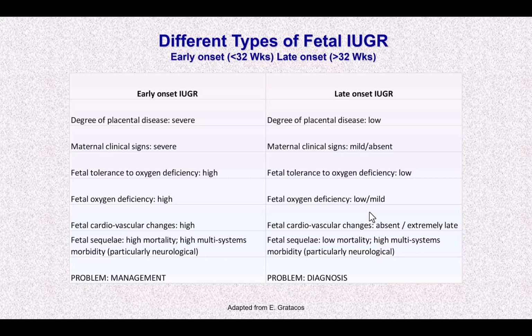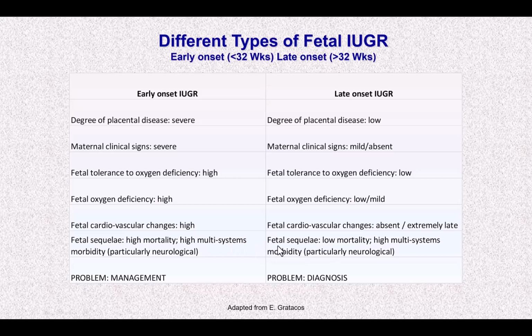If we look at the fetal cardiovascular changes, you can see that they are very high in early onset IUGR, and they can be absent or extremely late in the late onset IUGR. But very important is the line related to the fetal sequelae.